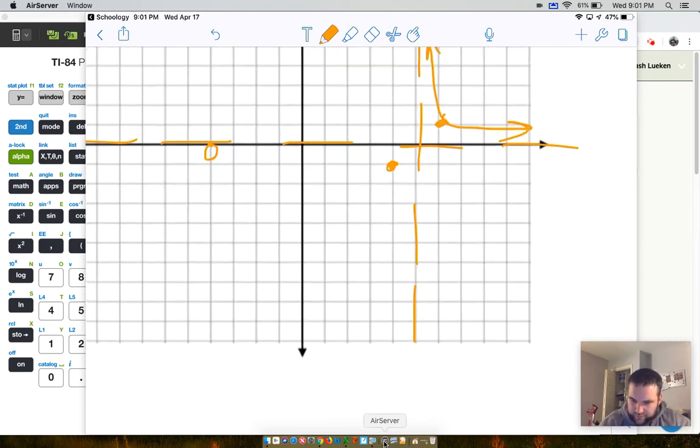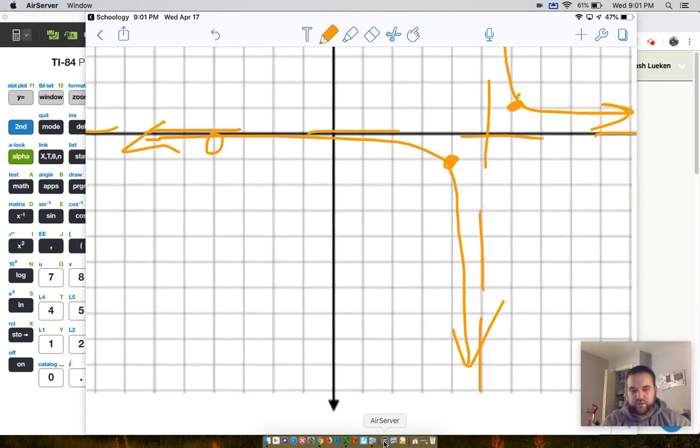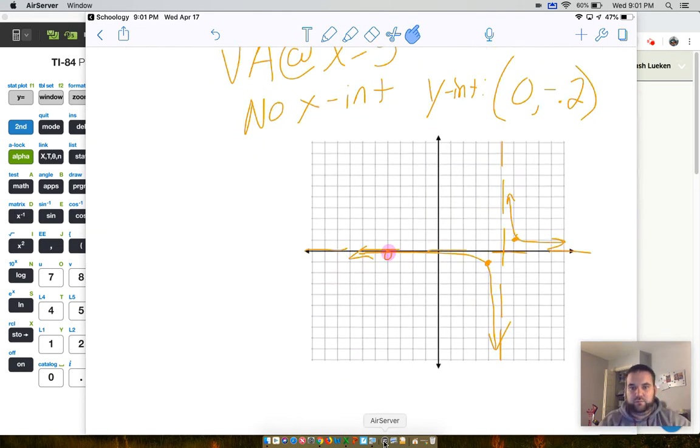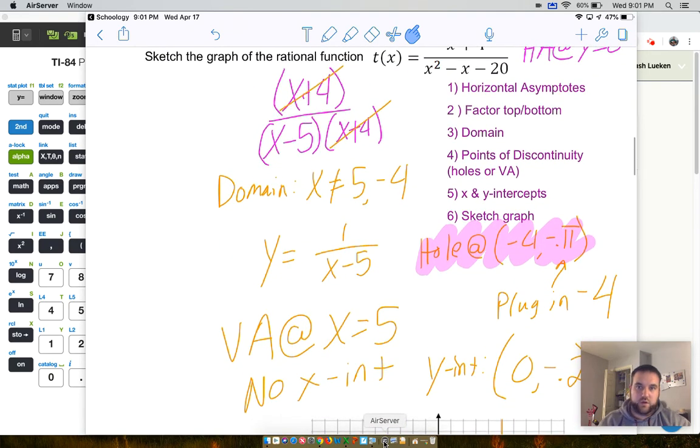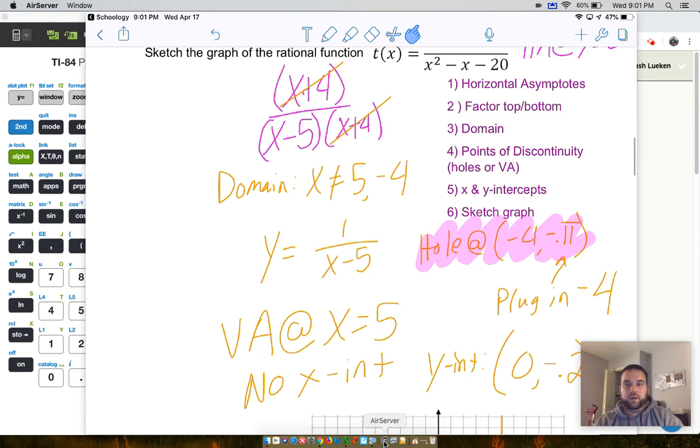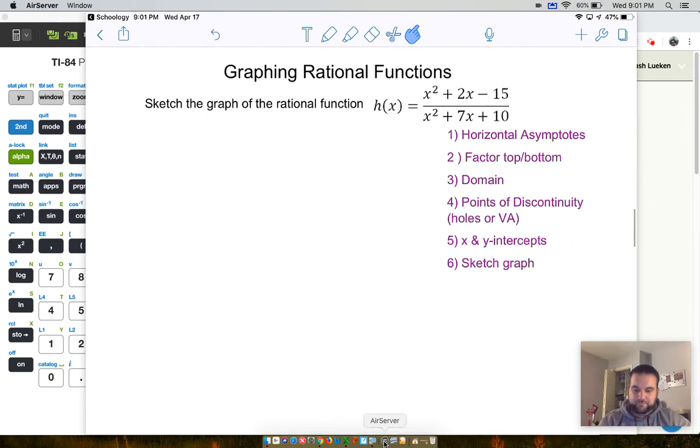And then on the lower half, I've got a branch that looks like this. Again, as long as you make it clear that there's a hole in the graph there, that's fine. So there's our sketch of that graph: x and y intercepts, horizontal and vertical asymptotes, and any holes in the graph as well.